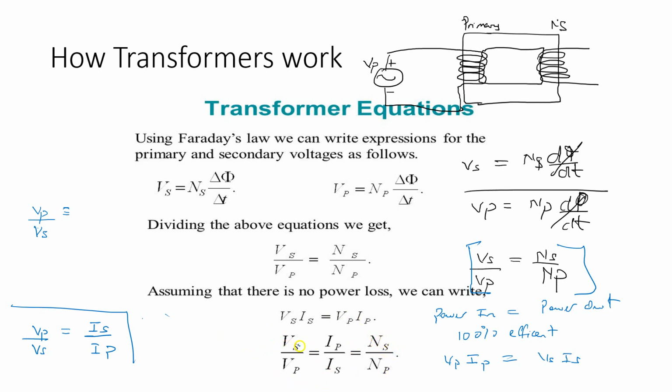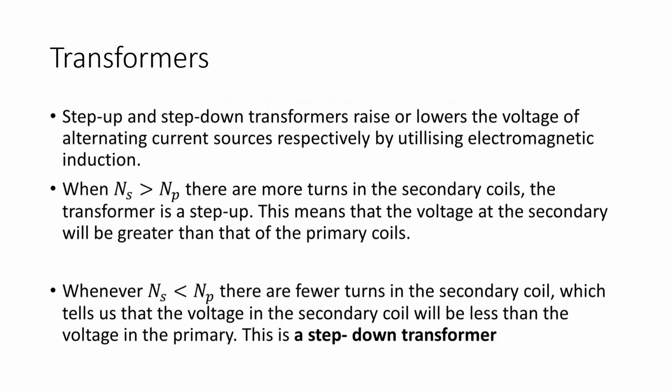So the most important one is this, and of course this one as well. If you don't remember this equation, just start out from the fact that power in is equal to power out. This one, you just have to remember that the voltage on the secondary is dependent on the number of turns on the secondary. The voltage on the primary is dependent on the number of turns on the primary. All right.